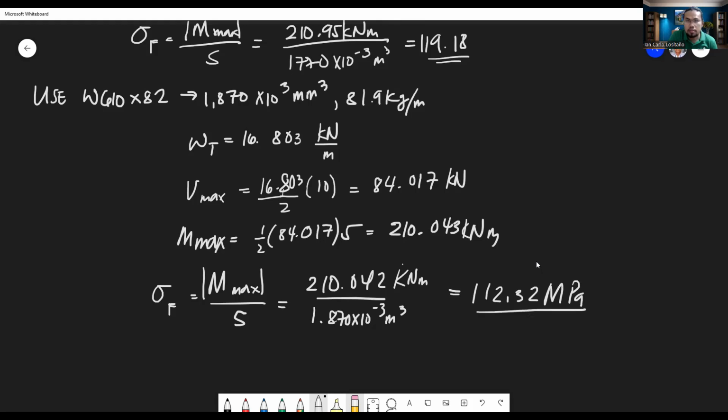So we chose this one. It is already lighter and you have a smaller flexural stress.